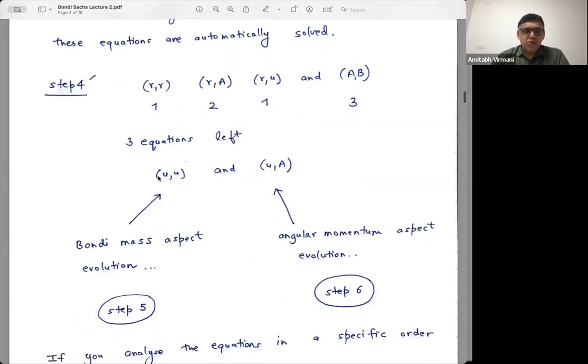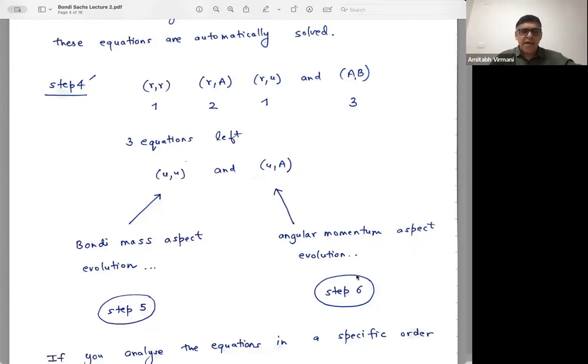And then the UU equation will tell you how the Bondi mass aspect is evolving. This is the equation that will tell you how the Bondi mass is changing in your spacetime. And the UA equation will tell you how the angular momentum aspect is changing in your spacetime. Now I will define what this angular momentum aspect is, but I gave an overall picture of how these equations get organized.